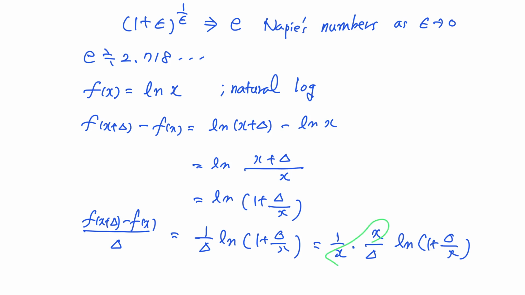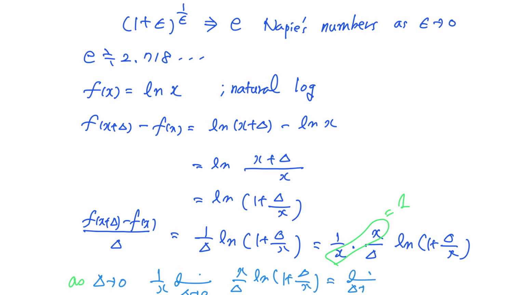So this is basically 1. You divide by x and then multiply by x, it is equal to 1. And as delta goes to 0, delta over x goes to 0, and then (1 plus delta over x) to the power of x over delta, this is going to be e.